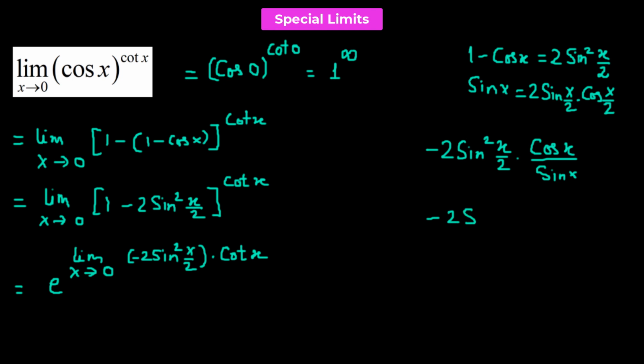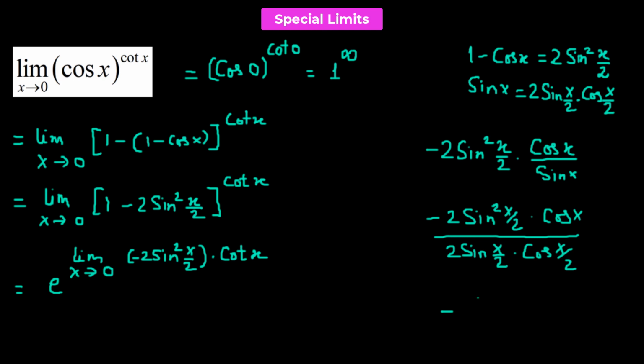So we have negative 2 sine squared x over 2 times cosine of x, whole divided by 2 times sine x over 2 times cosine of x over 2. So the 2 and 2 get cancelled, one of the sine x over 2 gets cancelled, which leaves us with sine x over 2 times cosine of x divided by cosine of x over 2. Now sine of x over 2 divided by cosine of x over 2 is a tangent function.